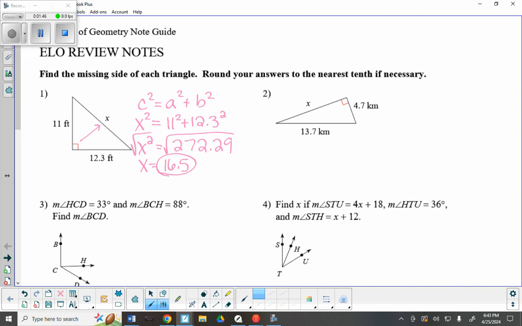All right, the next one, again, we have a right triangle. We know 2 out of 3 sides, so we can use the Pythagorean theorem. The C is always across from the right angle. So in this case, the C is 13.7.